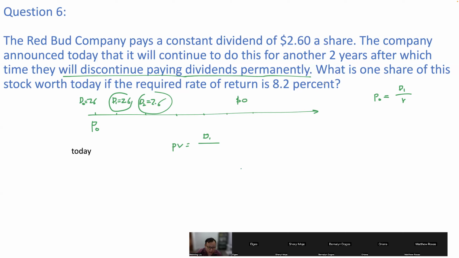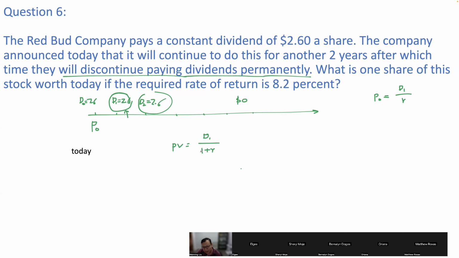So now I'm just talking about this year 1 payment. What is the present value of just this 1 year 1 payment? I'm not talking about even year 2. So for the year 1 payment, you use that divided by 1 plus R, because there's 1 year when you are discounting it.